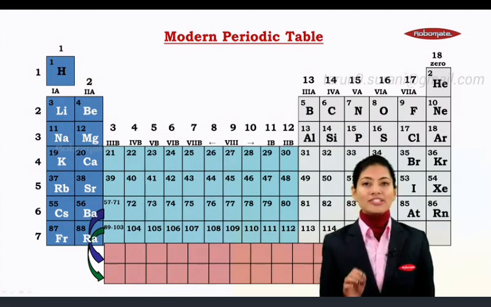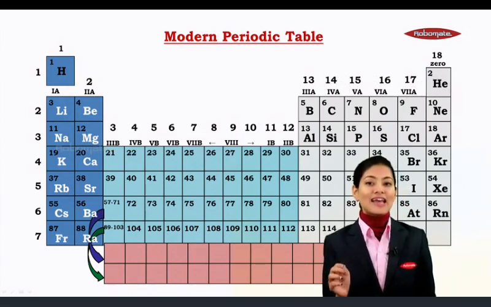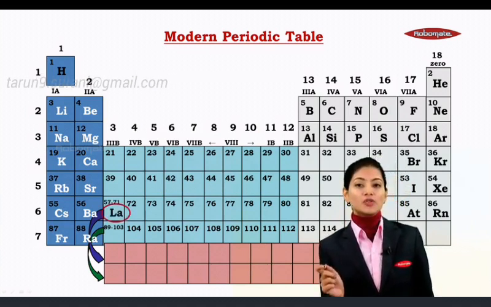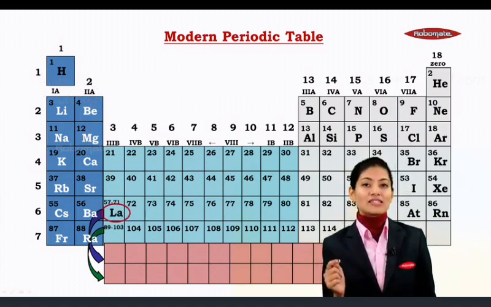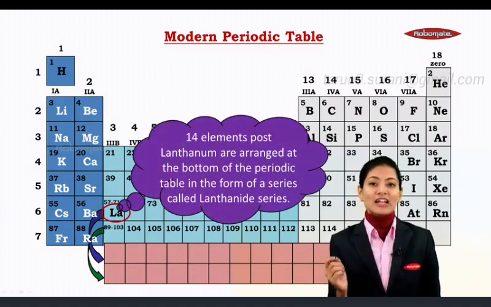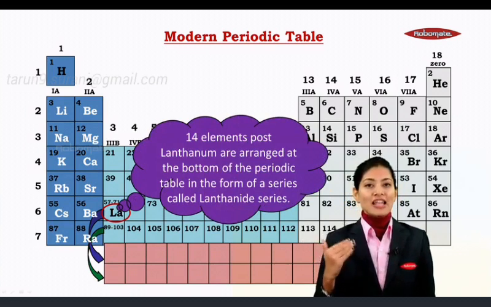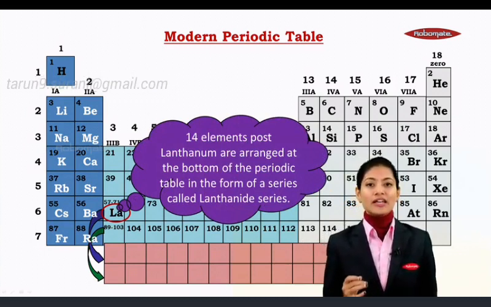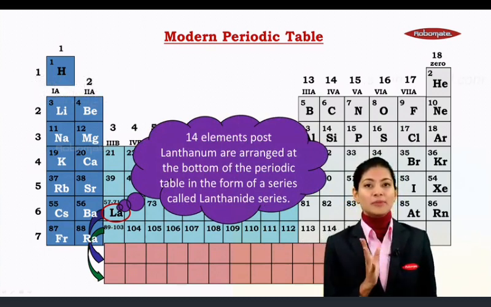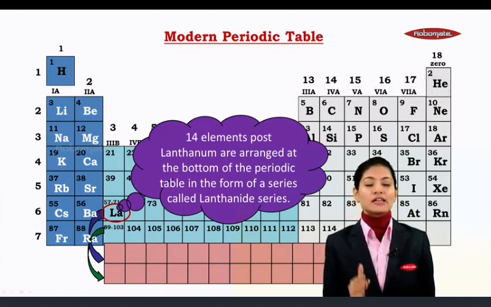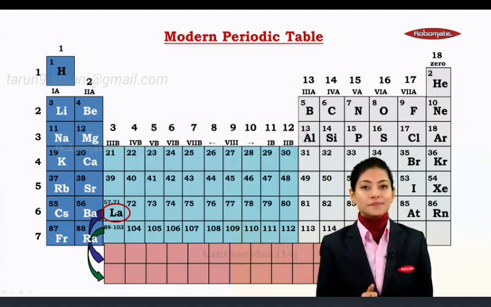Now if we talk about the elements in the 6th and the 7th period, the 15 elements from 57 to 71 are called lanthanides since they come after lanthanum. The 14 elements post lanthanum are arranged at the bottom of the periodic table in the form of a series, and that series is called the lanthanide series.